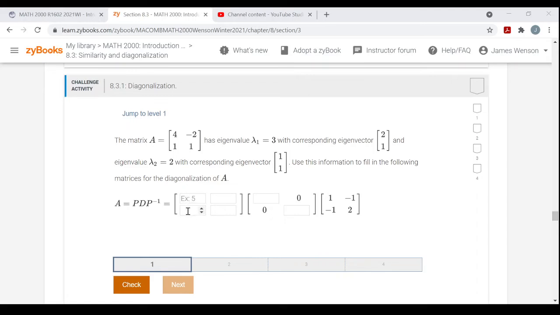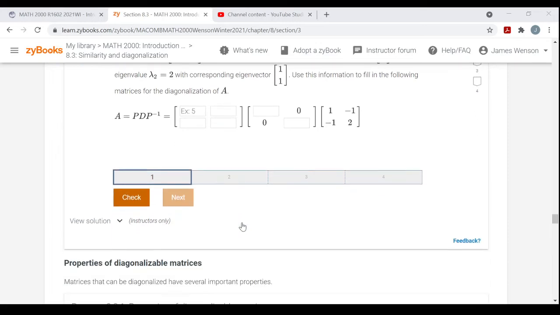So I put 2, 1 here, 1, 1 here. Remember, the order that the entries come in down the diagonal will be the order of the eigenvalues with their corresponding eigenvectors. So this would be the inverse of P here, and then this would be 3 and 2 down the diagonal. And you could multiply these matrices and see that you'd get matrix A again.